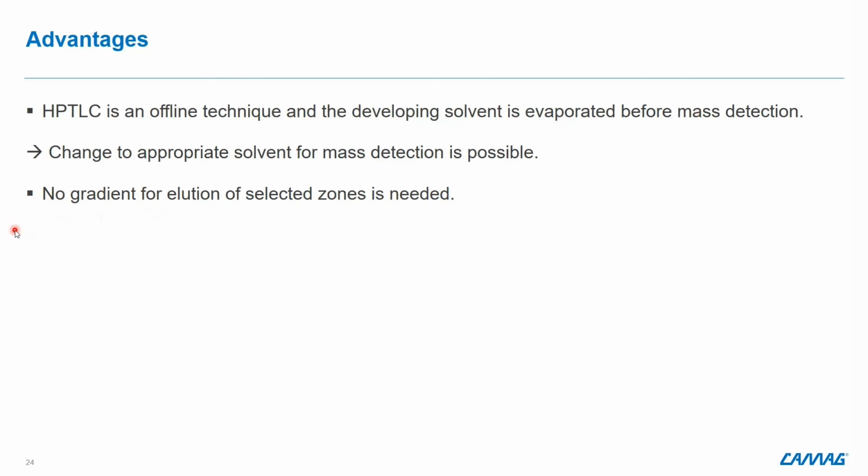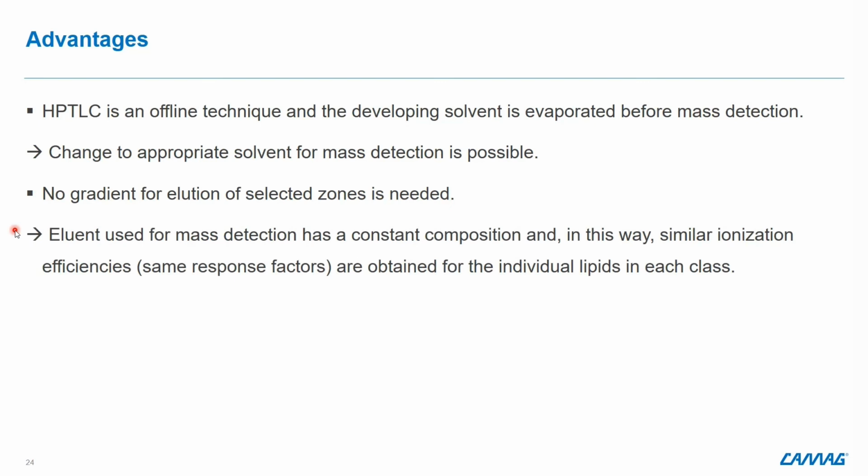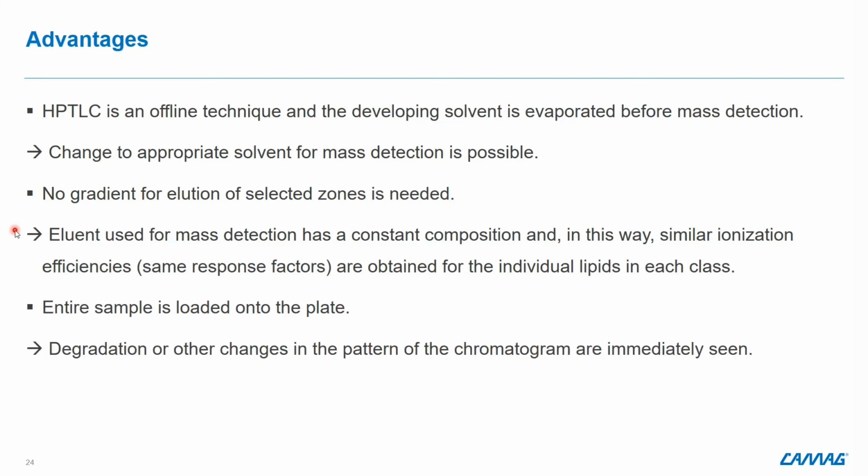So the eluent for mass detection has a constant composition and in this way similar ionization efficiencies are obtained for the individual lipids in each class. The entire sample is loaded onto the plate, so all degradation products or other changes in the pattern of the chromatogram are immediately seen.